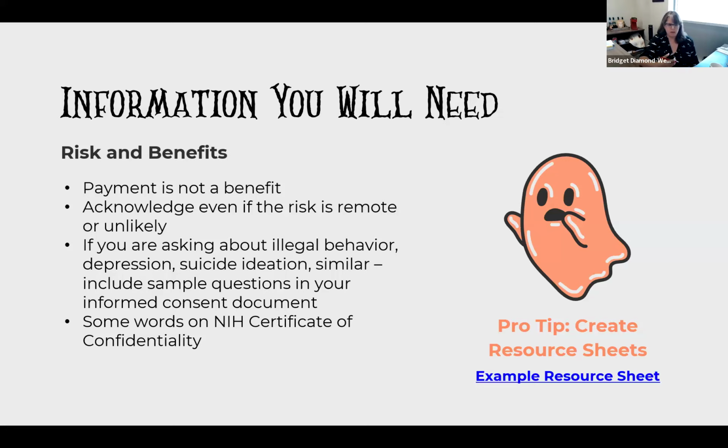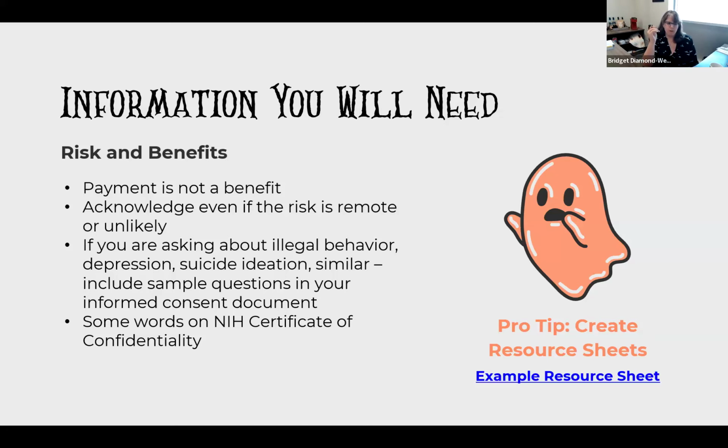Benefits, usually there's not going to be a lot of benefits. You don't put money in there, right? If you're paying them, a benefit is not money. Generally we'll list that participants will likely not benefit directly, although they're likely to benefit from contributing to science, or that people have found that if they participate and share their personal journeys, that is beneficial as part of their healing process, because research does show that, and you could put that in your IRB with the citation, and you can put that in your informed consent document.